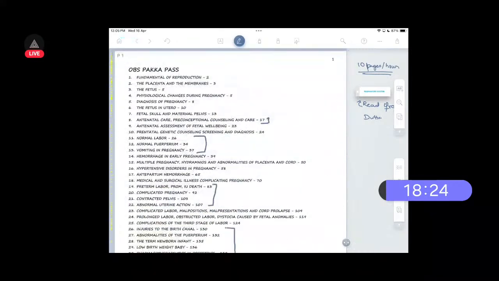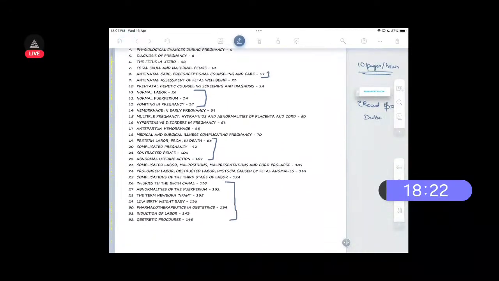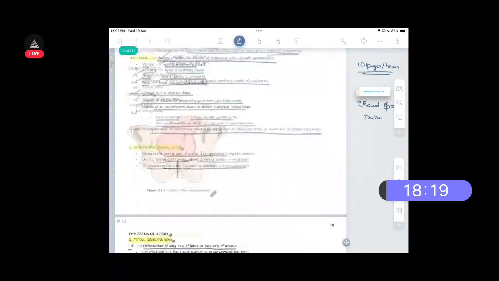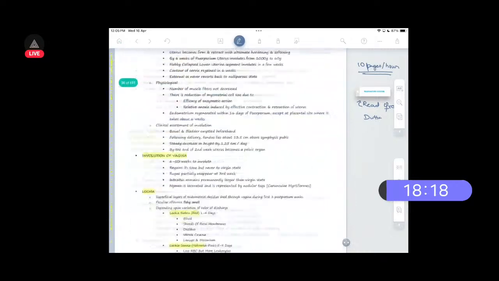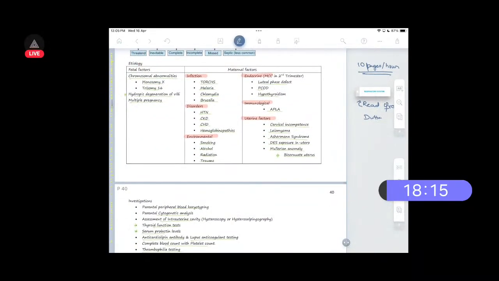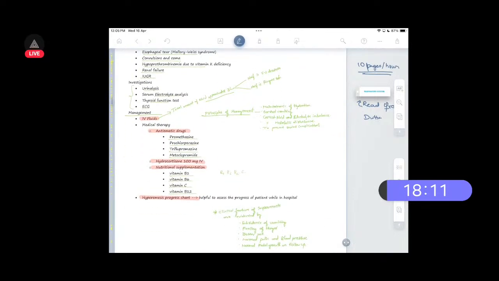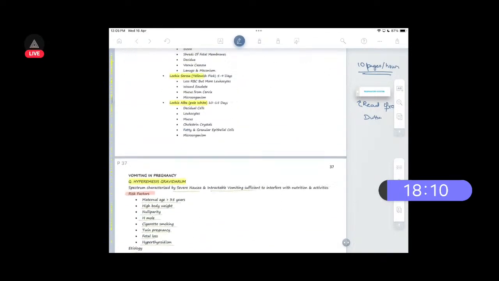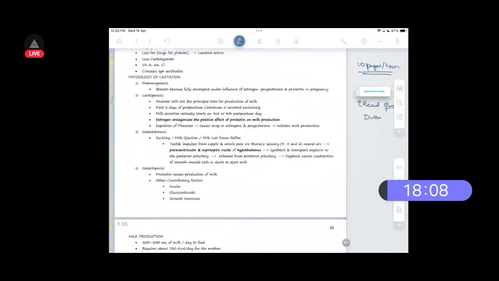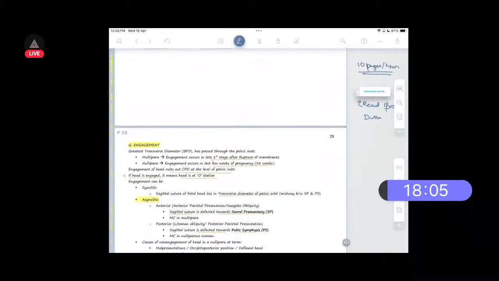I'll do normal labor till hemorrhage in early pregnancy 39. I'll do all this because hyperemesis is a very important question and normal labor is also a very important question.